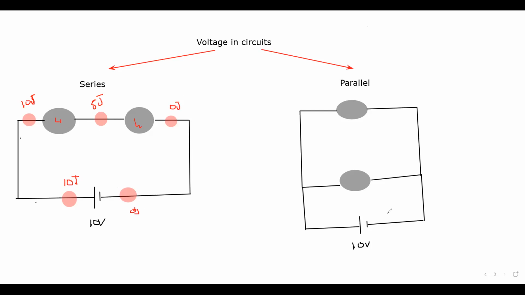The voltage or potential difference across lamp 1 is 5, because that is the energy transferred by the charge. And what is the potential difference across lamp 2? That is also 5. So what we can say is that in a series circuit, the voltage will divide.